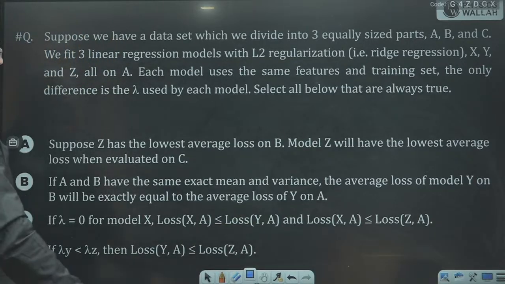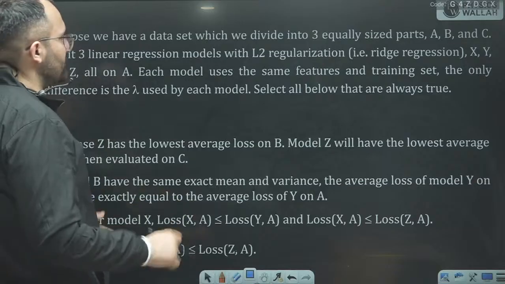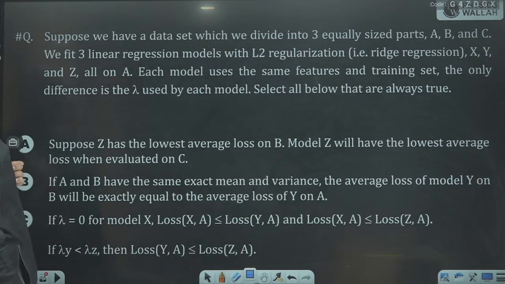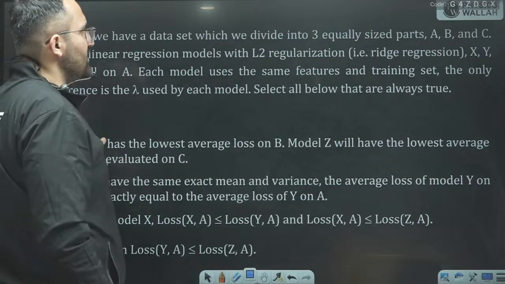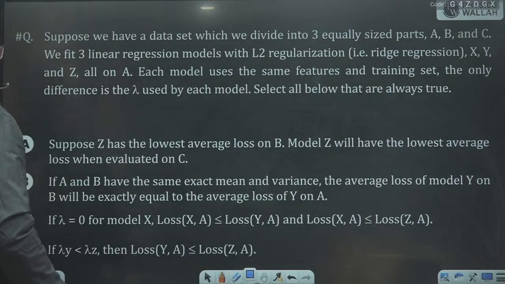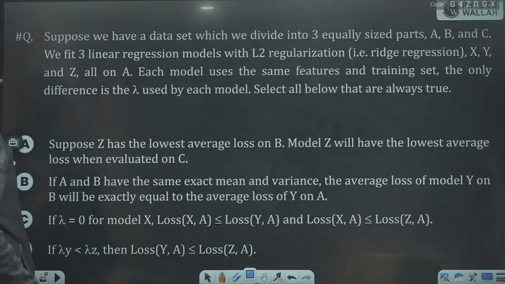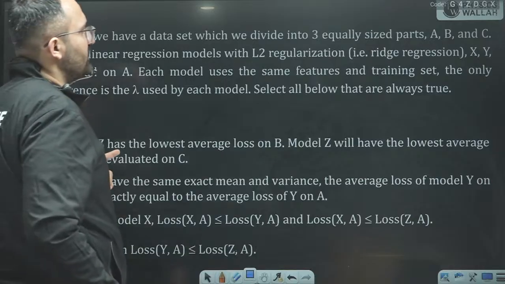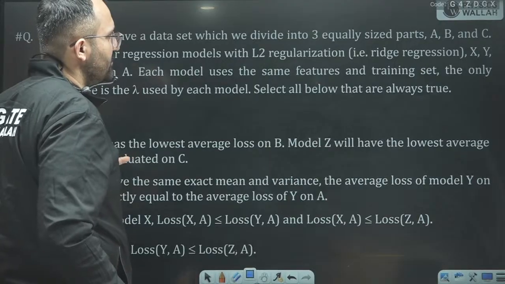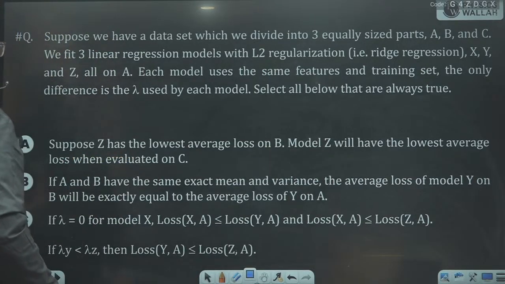Suppose we have a data set divided into 3 parts A, B and C. We fit 3 linear regression models with L2 regularization, that is ridge. Each model uses the same features in the training set. The only difference is lambda.